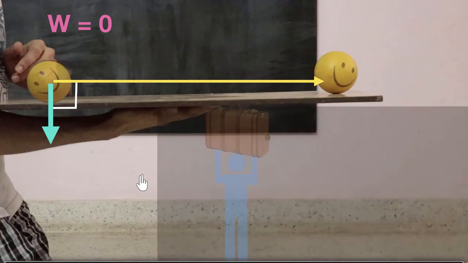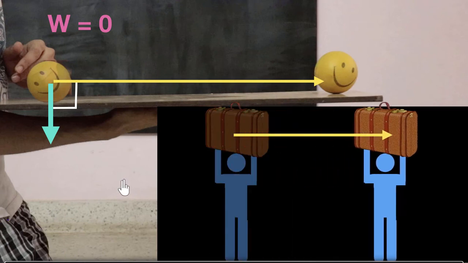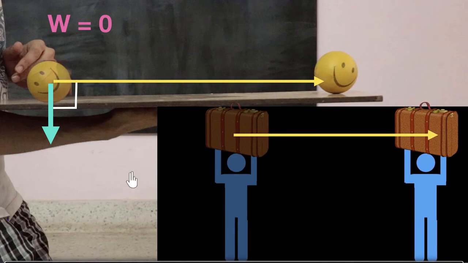In a similar manner, imagine somebody's carrying a luggage on their head. And let's say they move forward, displacing that luggage. What is the work done by their force on the luggage? Again, that's zero. Why? Because they're pushing on the luggage up, which is perpendicular to the direction of the displacement.